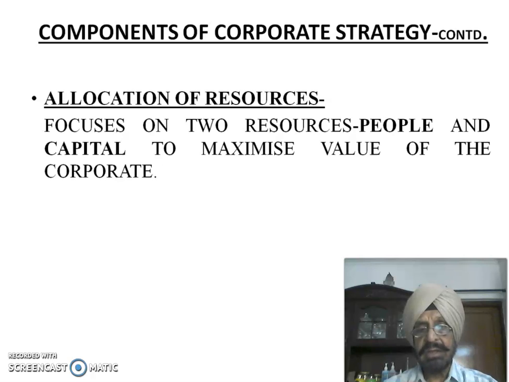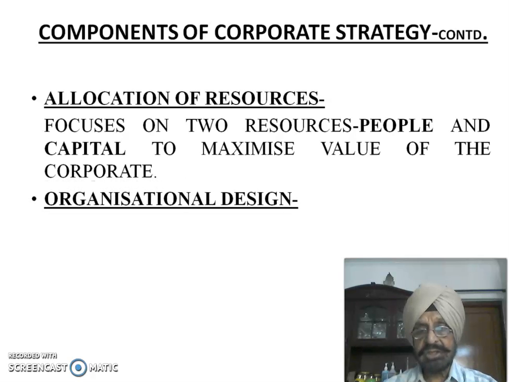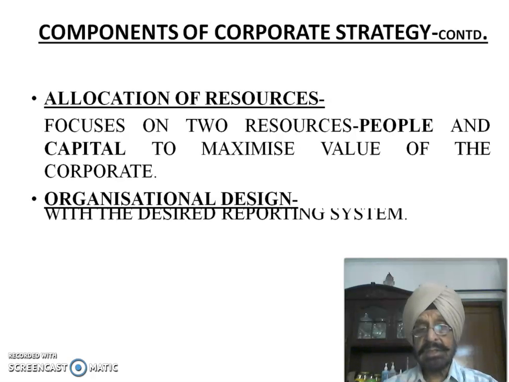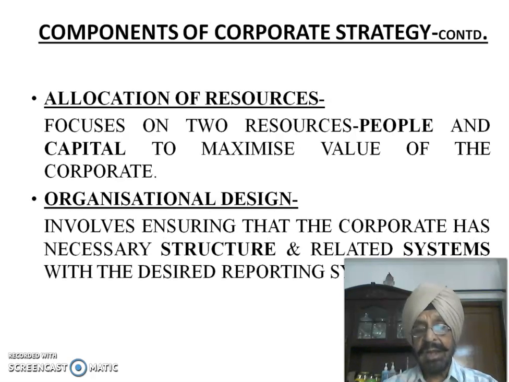So as we had seen, one of the functions of the corporate strategy was the allocation of resources, based on maximizing the value of the corporate. Second, organization design. Organization design, as we have studied in organization behavior, is primarily the structure of the organization and the system.